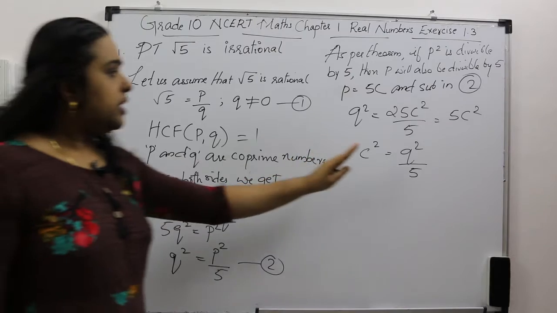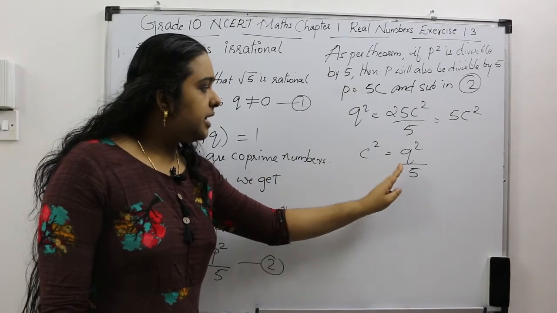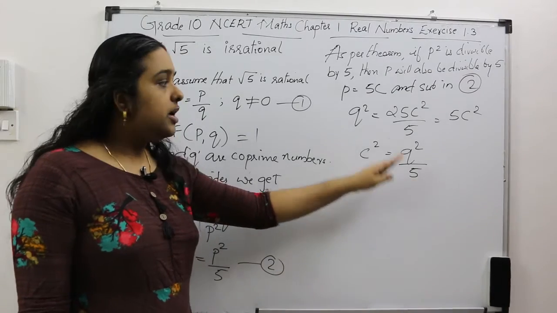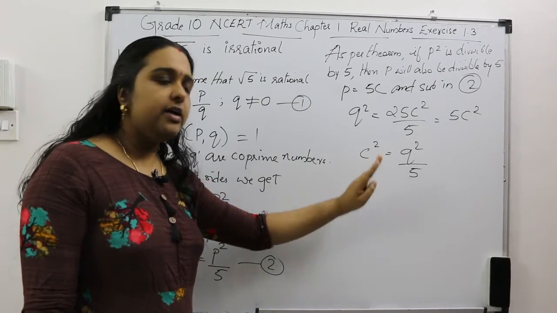Look here. Here q square is divisible by 5, then q will also be divisible by 5.